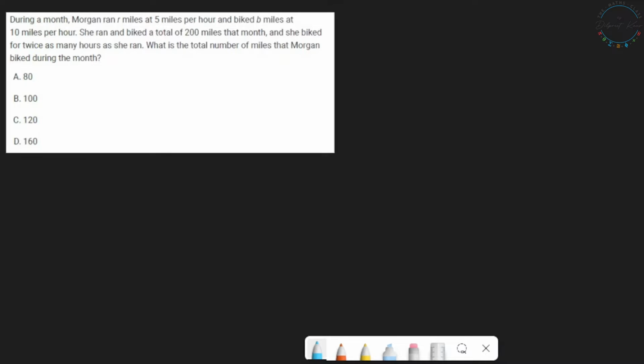Now, some people find this a little bit tricky, but this is very easy. We know a formula: speed is equal to distance over time. Now we're going to use this formula, but we will interchange these things.